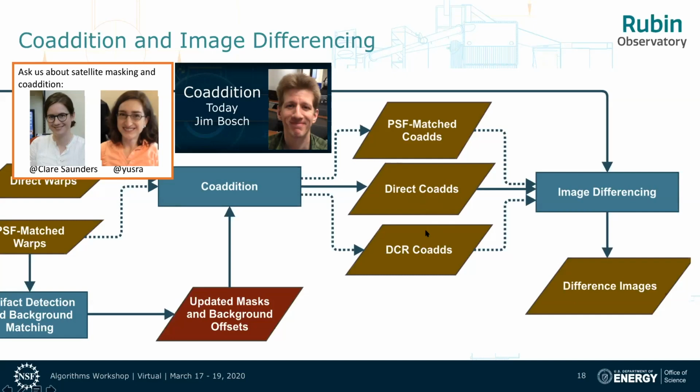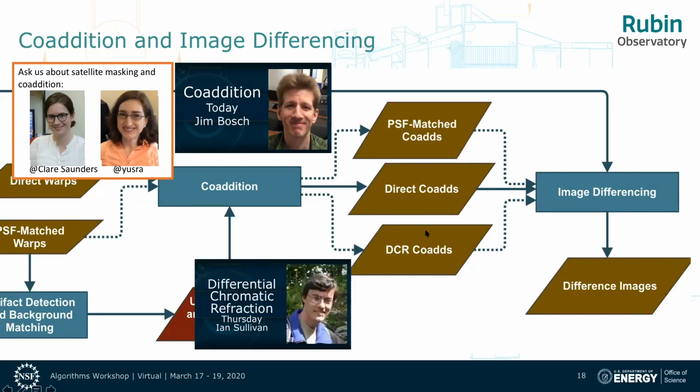Like I said, LSST does not have an atmospheric dispersion corrector, which means that if you observe the same region of the sky at different times of night, depending on the colors of the objects, they will be shifted depending on their color and their airmass.